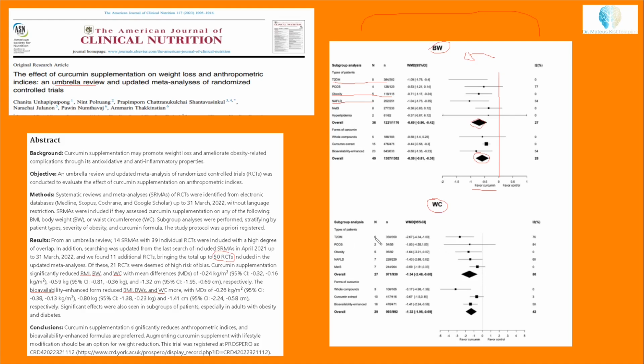We have here different studies with different types of patient populations. The diamond means the result of combining all these studies. We have a line on the left. In this case, to the left of the vertical line means that it favors curcumin, and the diamonds don't touch the vertical line, which means that the result of the meta-analysis favored curcumin and it was a statistically significant result.